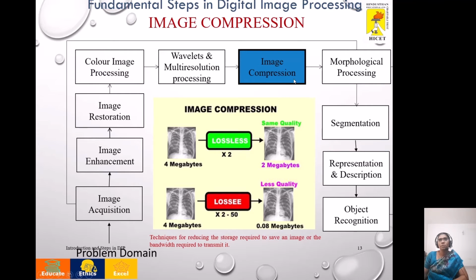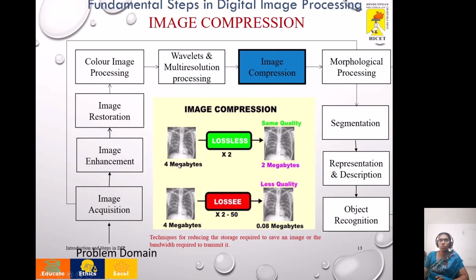Image compression is used to reduce the storage space required by the image and also the bandwidth required to transmit the image. For example, the image compression can be lossless or lossy. In medical cases, lossy compression is not preferable. If the original image is taken, that may take 4 megabytes.